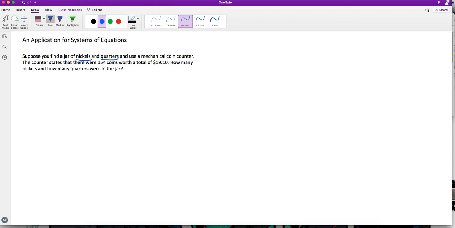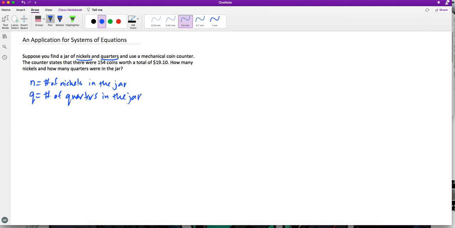So the first thing we need to do is give a name to our unknowns. I'm going to use N for the number of nickels in the jar, and Q for the number of quarters in the jar.